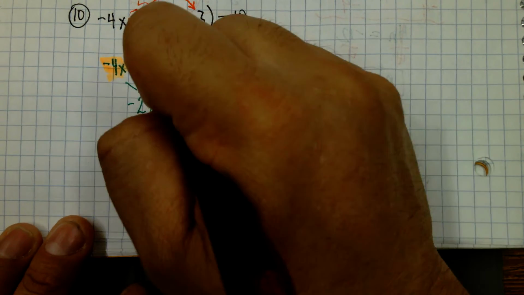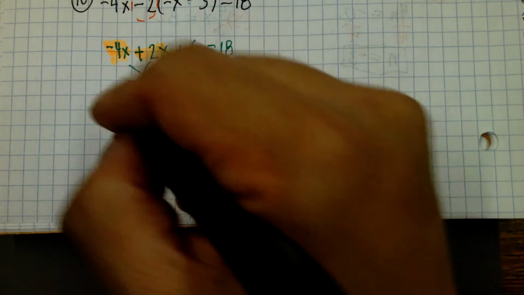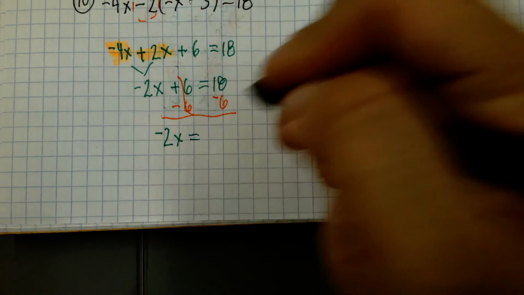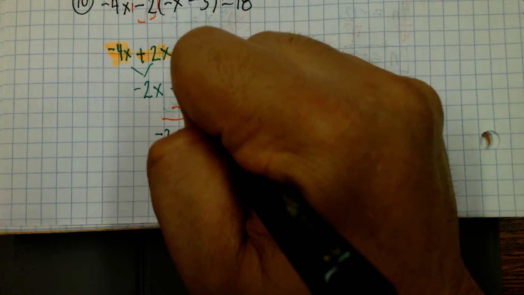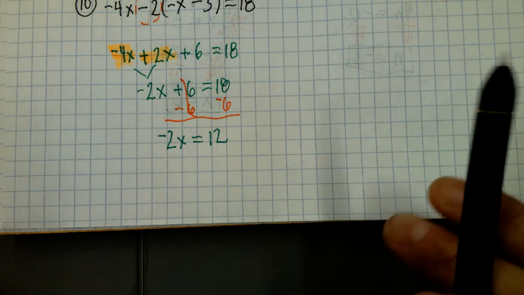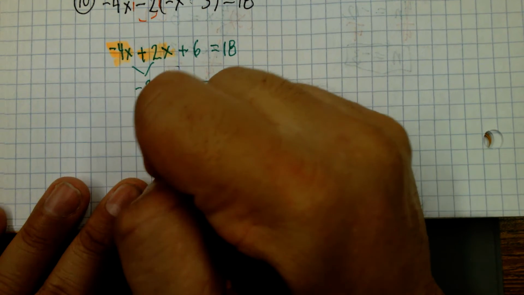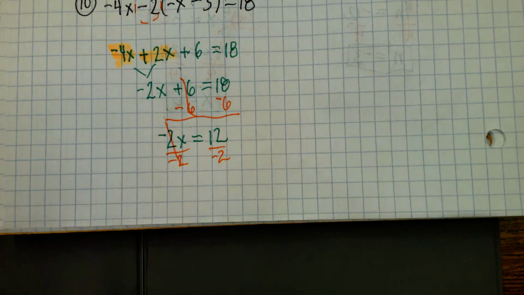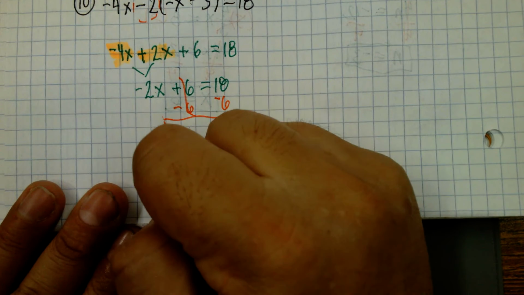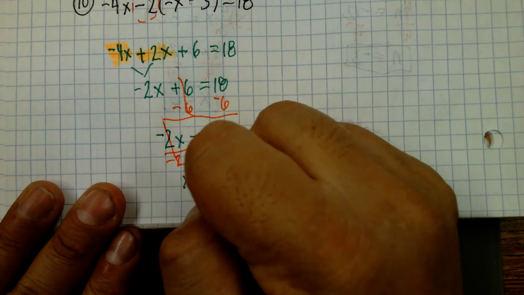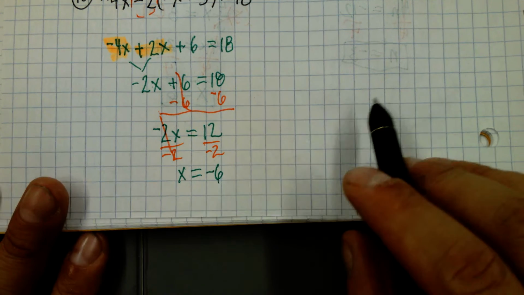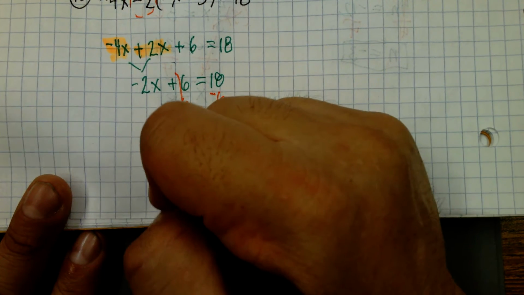I'll take away 6 on both sides. Negative 2x equals, that's 12. Let's divide by negative 2 and we get an answer. x equals negative 6. Didn't we get another negative 6 somewhere? Nope. Okay. So the answer is x equals negative 6.